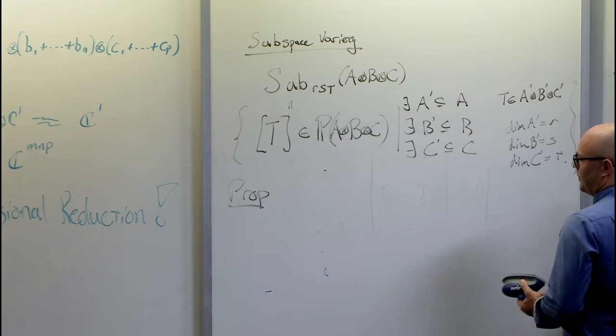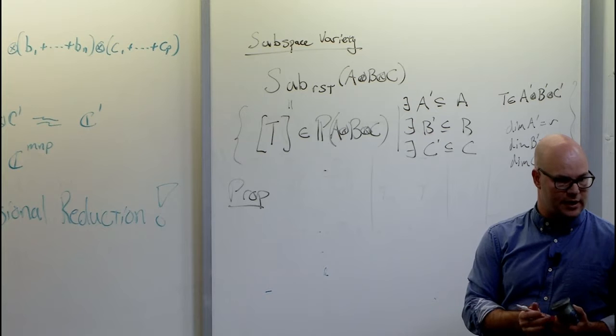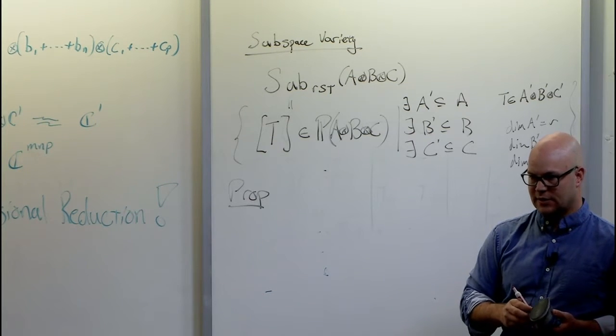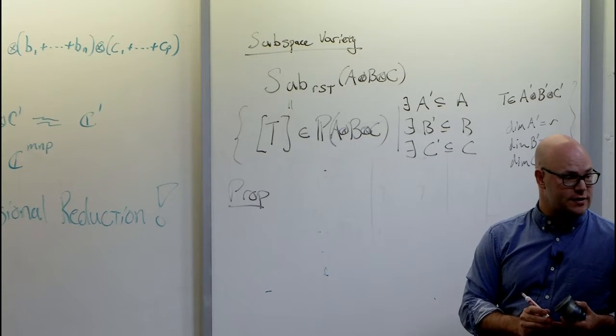If you want to test whether your tensor lives in the subspace variety, how can you test this? We should find the defining equations of this algebraic variety.